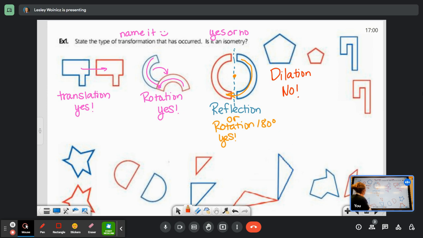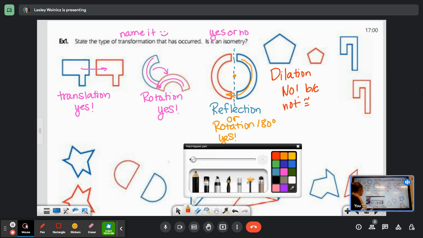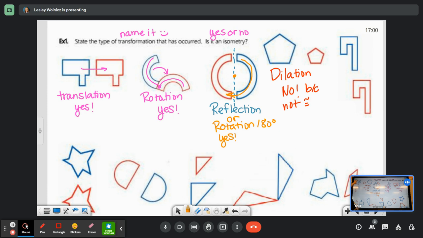So we're going to say no, because they're not congruent. Okay, next we have another translation or shift. And this is an isometry because those figures are congruent.